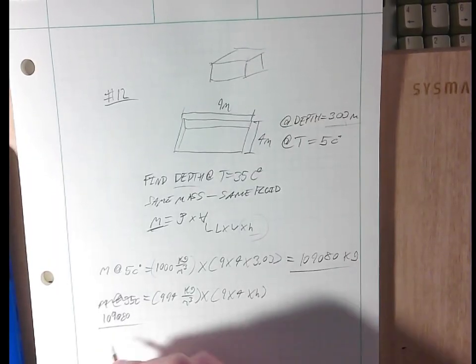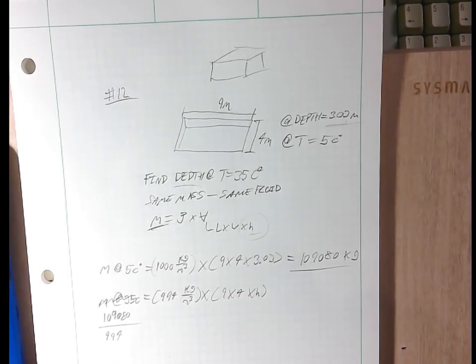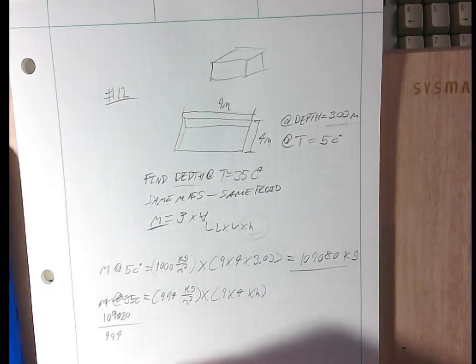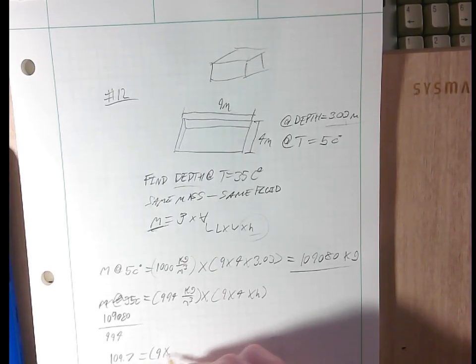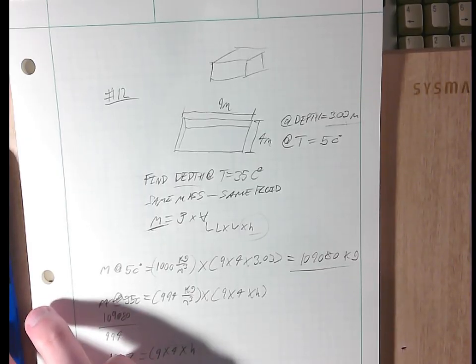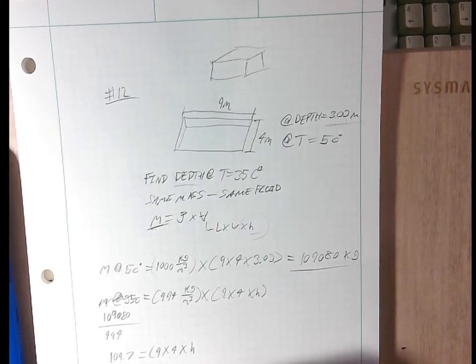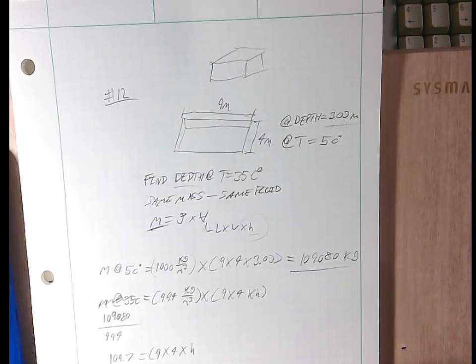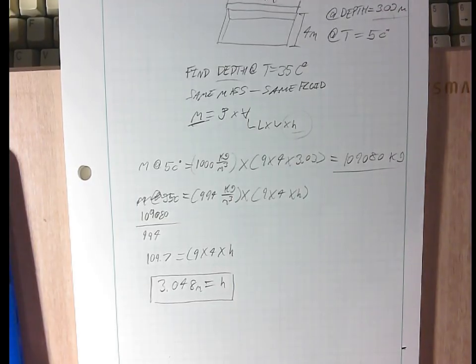So first we divide by 994. We're getting 109.7 is equal to 9 times 4 times h. 9 times 4 is equal to 36. So now we divide by 36. We're getting 3.048 equals h, in meters. And that is the solution to number 12.